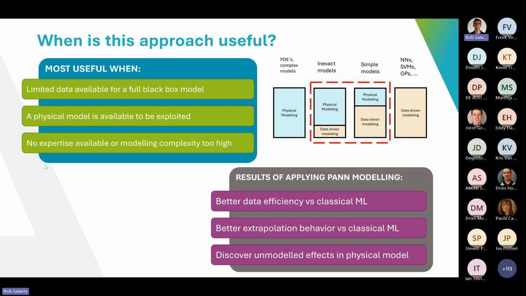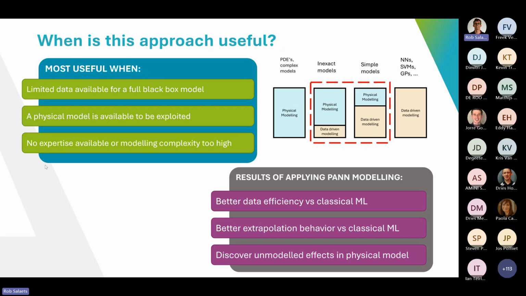And when you know that the problem is so difficult that you would need a lot of expertise to accurately model it with physical knowledge, then this is also a good approach, because you can do quite basic modeling and then take the final step with this data-driven neural network approach.